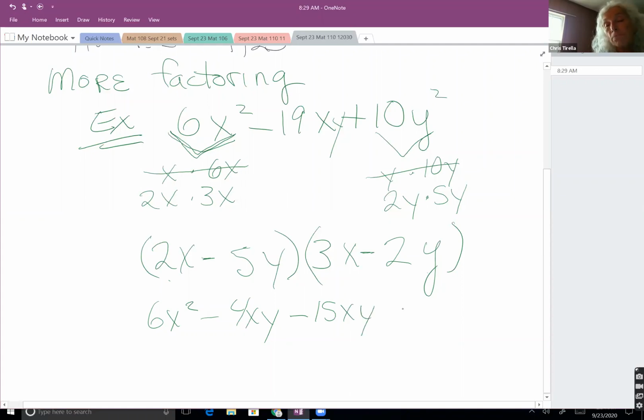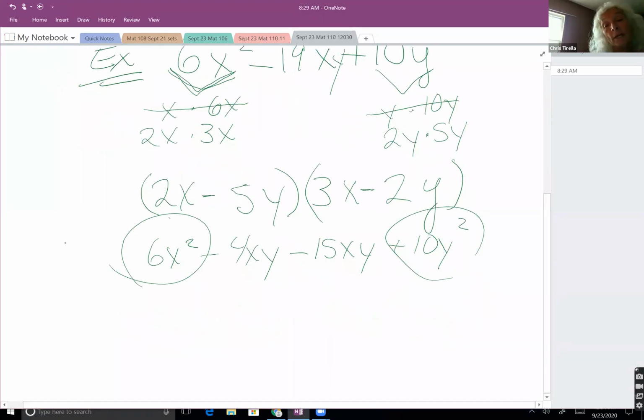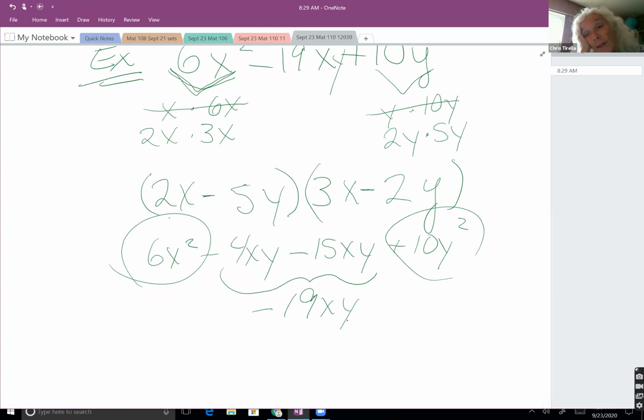Last gives me plus 10y squared. And because when we started, we focused on the first and the last, I knew that those would work. And while the xy seemed confusing, do you notice when I FOIL, that does give me the xy? And by carefully placing my numbers, I've got that negative 19 in the middle. Val, any better?